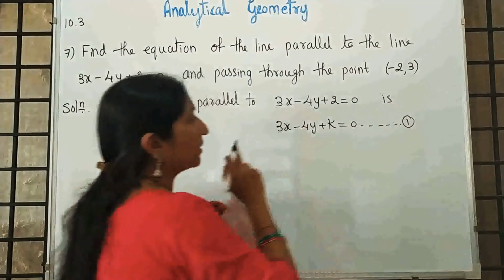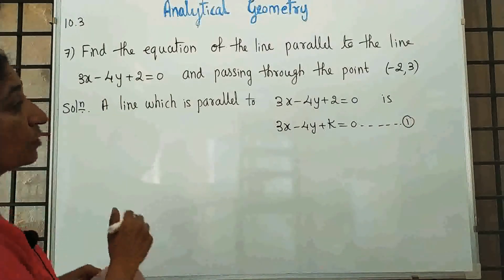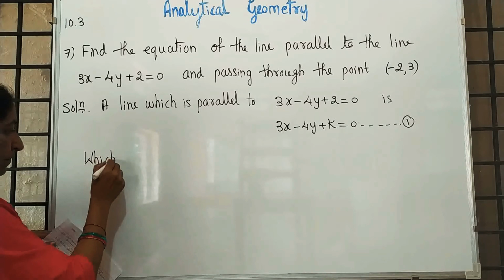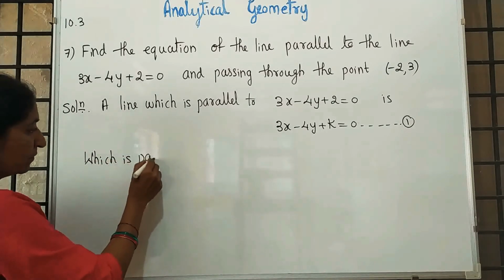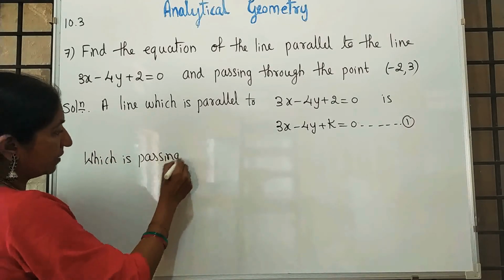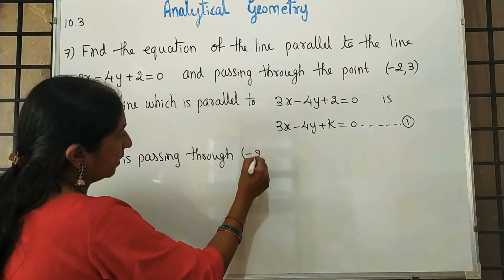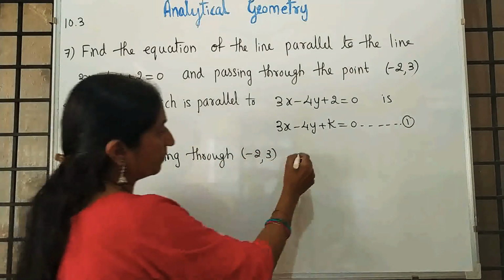And what is given, this line is passing through the point (-2, 3).